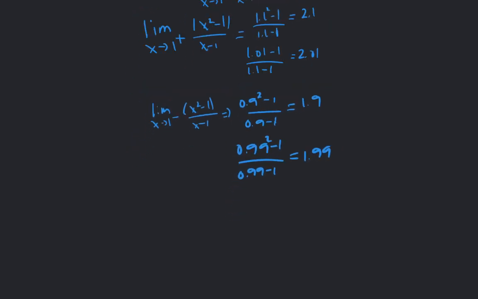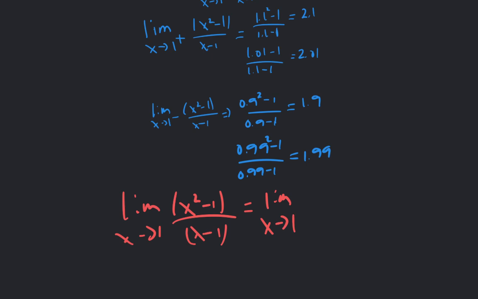So say we have something like this. We can do this. Oops, not the squared.